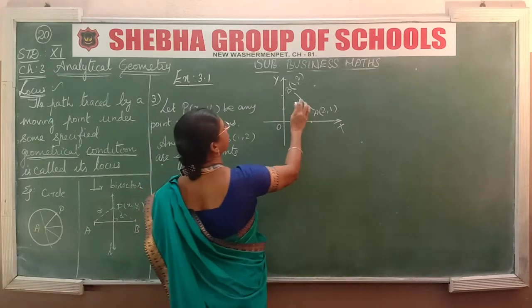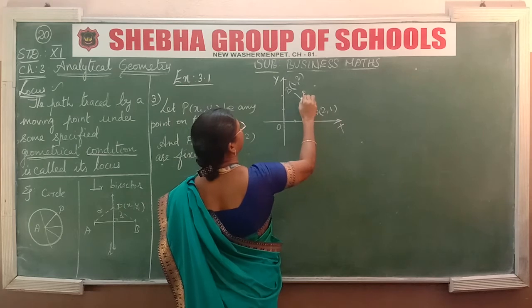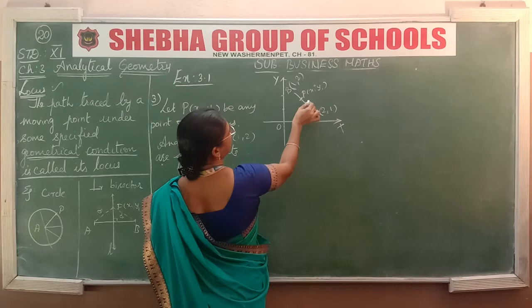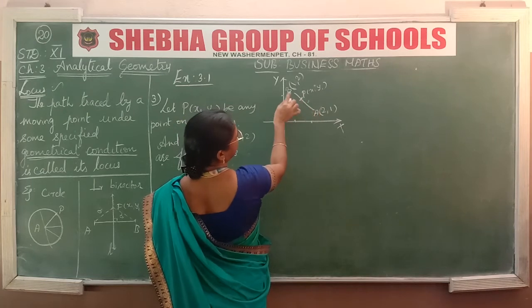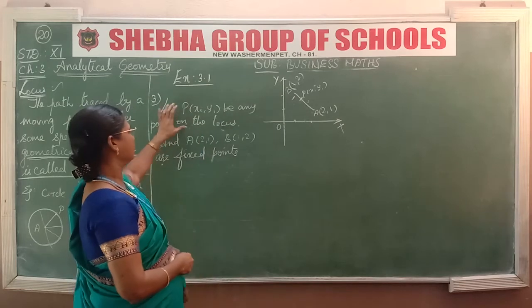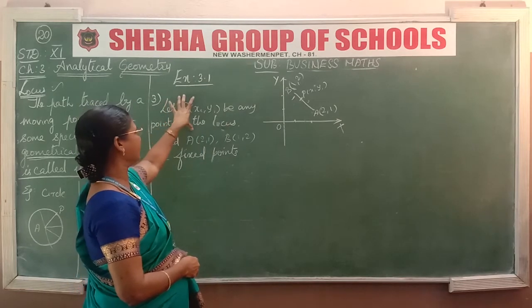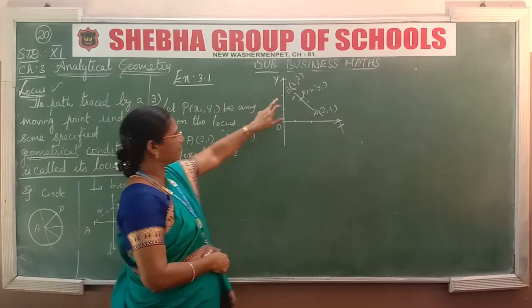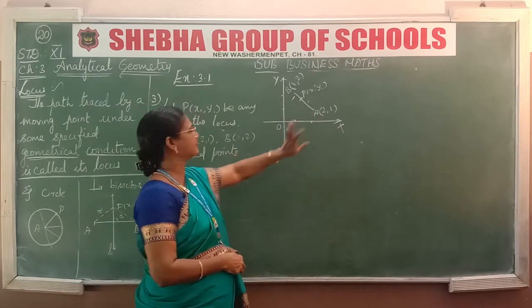2:1 means, listen, here we take any point P, x1, y1. PA is to PB is 2:1. This is given. So first write P of x1, y1 be any point on the locus, and the given 2 points are fixed points.